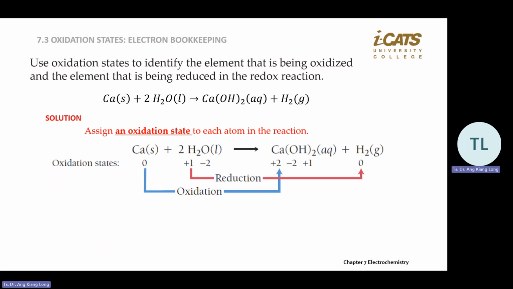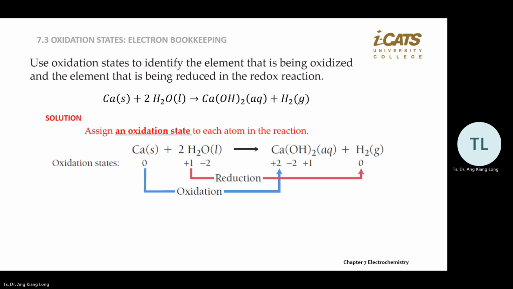That's why Ca is +2, oxygen is -2, and H is +1, also using the rules 1 to 5 and the small table. So you get +2, -2, +1, and the total is neutral, 0.